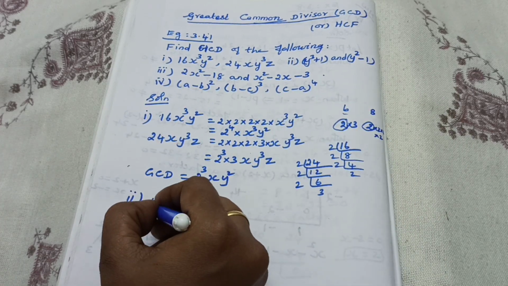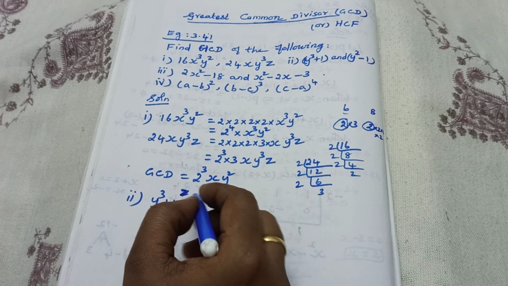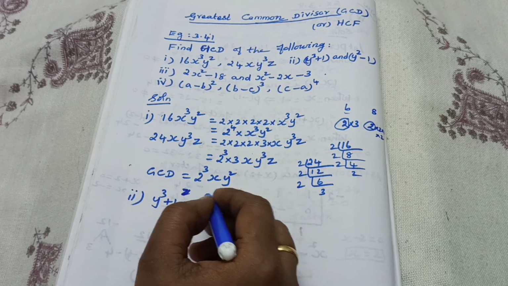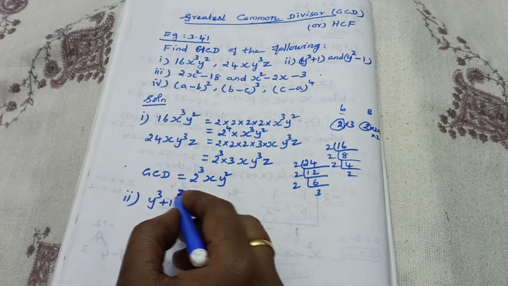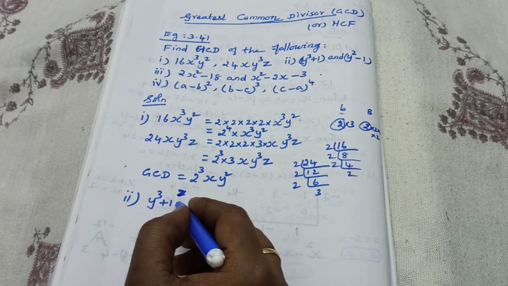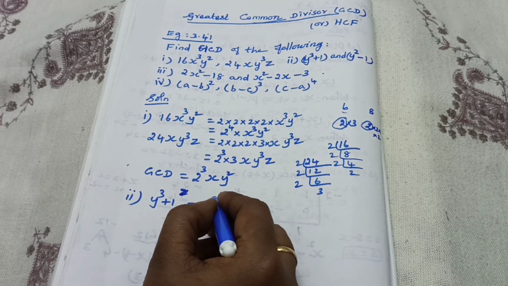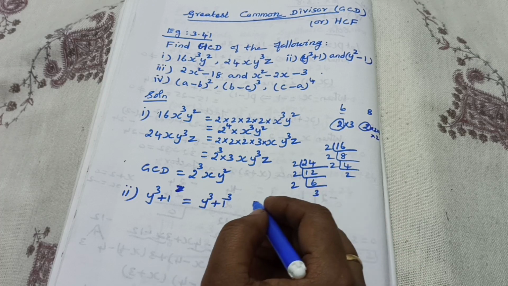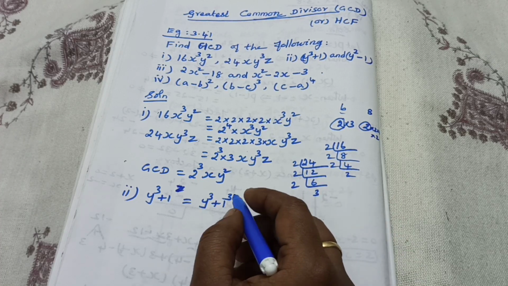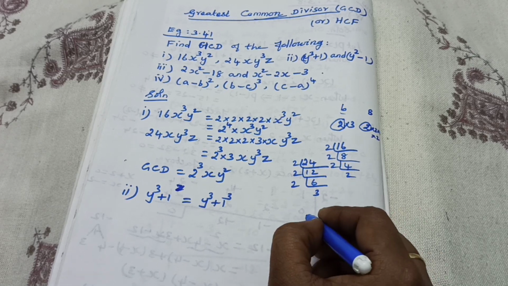y cube plus 1 and y cube plus 1, isn't it? Then y square minus 1. For the first polynomial, y cube plus 1, we can write this as what? y cube plus 1 cube. Shall we write like this? Then this is of the form a cube plus b cube, isn't it?